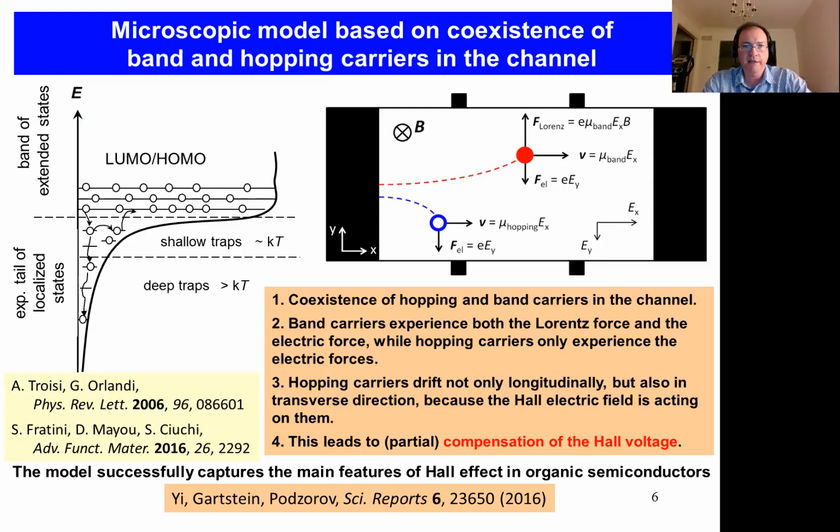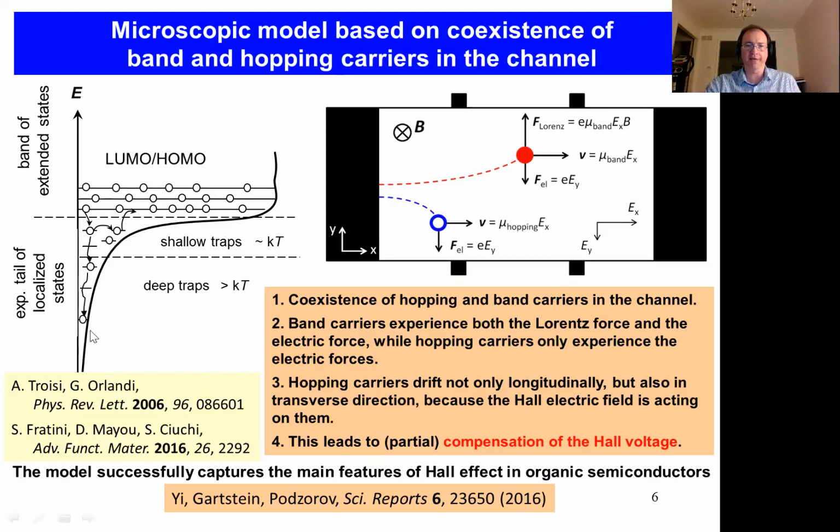The essence of this model is based on this notion of thermal disorder that we learned from our gurus, Alessandro Troisi and Simone Fratini, who told us that in organic semiconductors, even in the best ones, where you don't have any static disorder, in the most pure cases, you still have off-diagonal thermal disorder due to the thermal motion of the molecules. And this type of disorder creates these tail states.